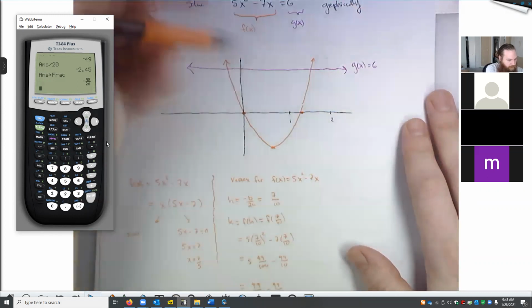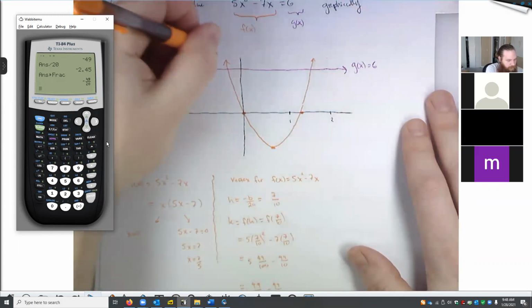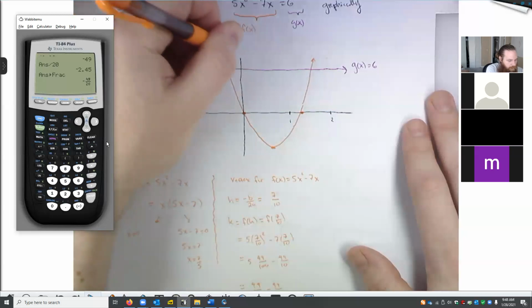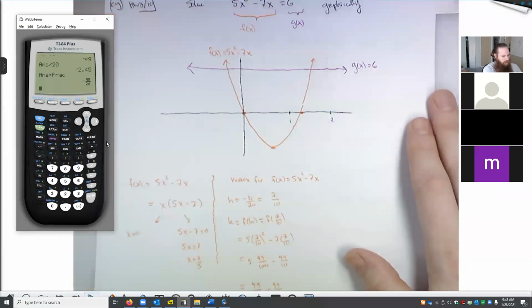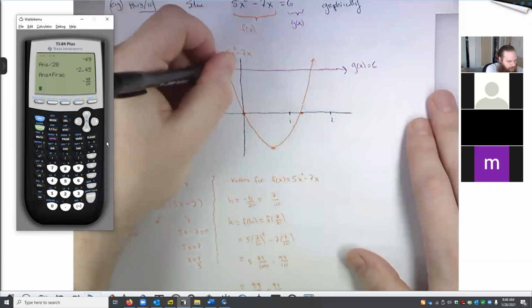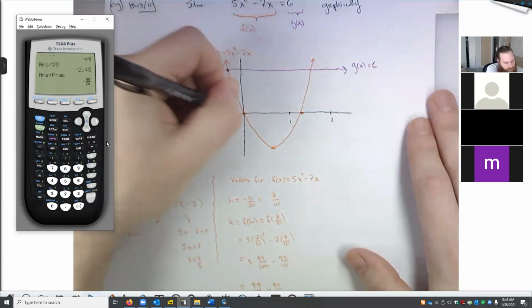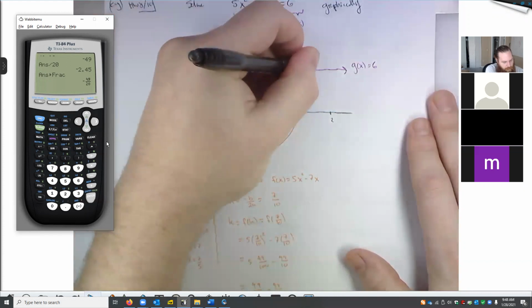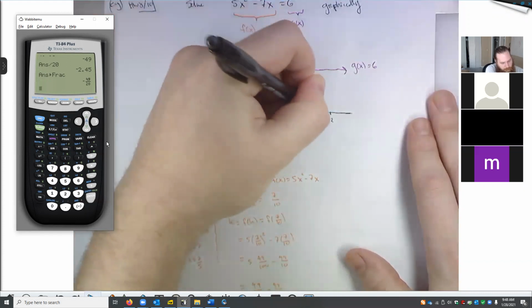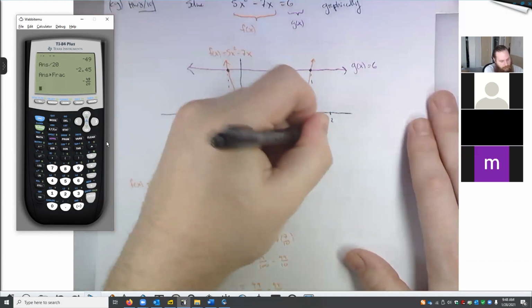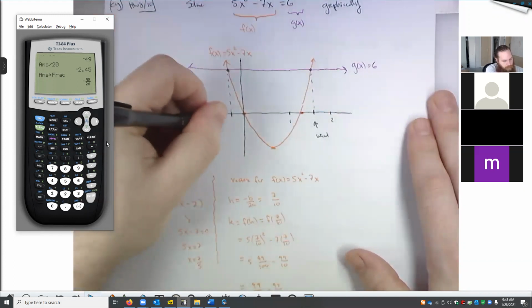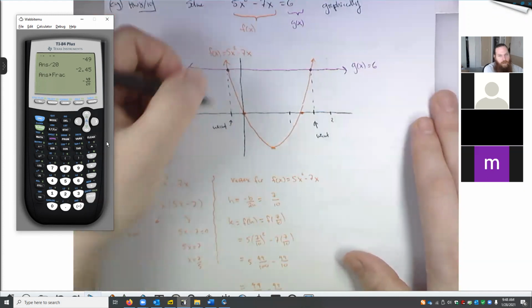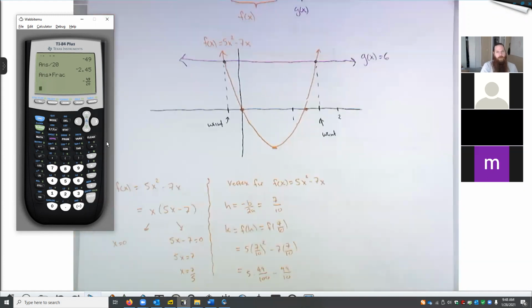And the orange function here, of course, is f of x equals 5x squared minus 7x. The solutions we're looking for, the two numbers we're looking for, are the x values here. These are the numbers we want. And in a perfect world, this graph would be such that you could read those numbers off.